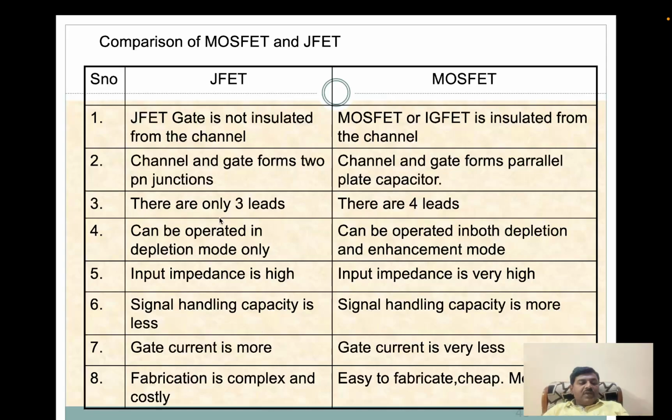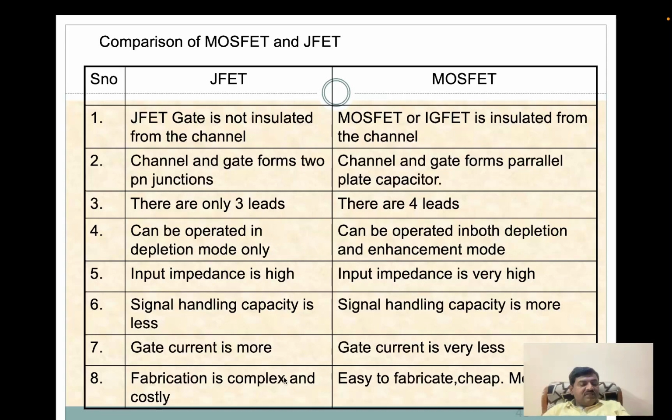The JFET will have high input impedance, but compared to that of the JFET, the MOSFET will have very high input impedance. In the JFET the signal handling capacity is less, and for the MOSFET the signal handling capacity is more. In the JFET the gate current is more, while in the MOSFET the gate current will be very less.